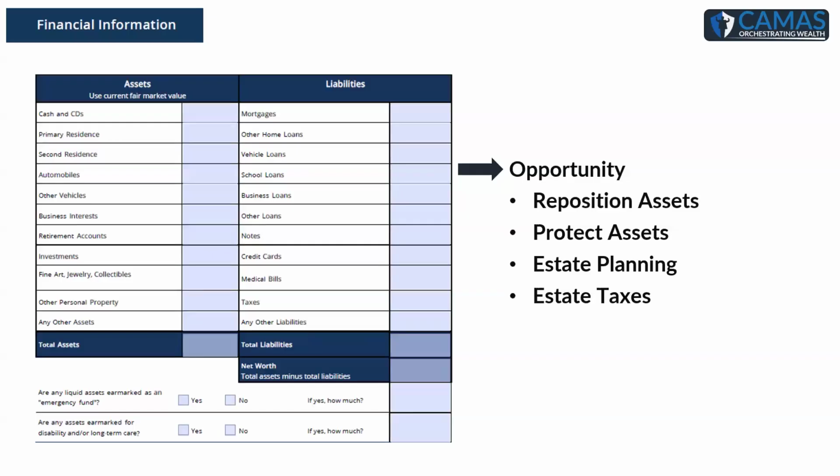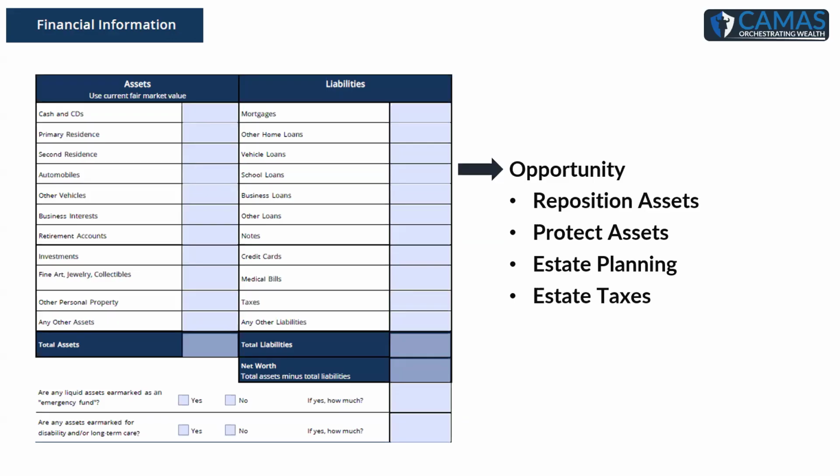As you look at their assets and liabilities, their balance sheet, now we can start looking at, are there underperforming assets here that need to be repositioned? Do they have a money market account that's just sitting there costing them tax money every year, but it's a what-if account that may or may not be used? Maybe we reposition that into a cash value life insurance policy. Do they have asset protection? Are these assets at risk?